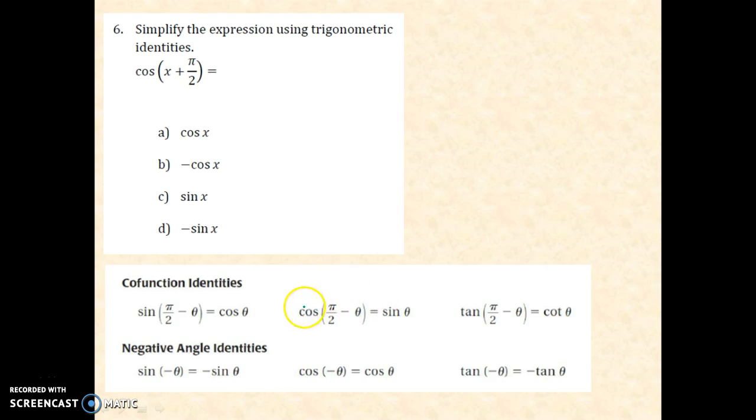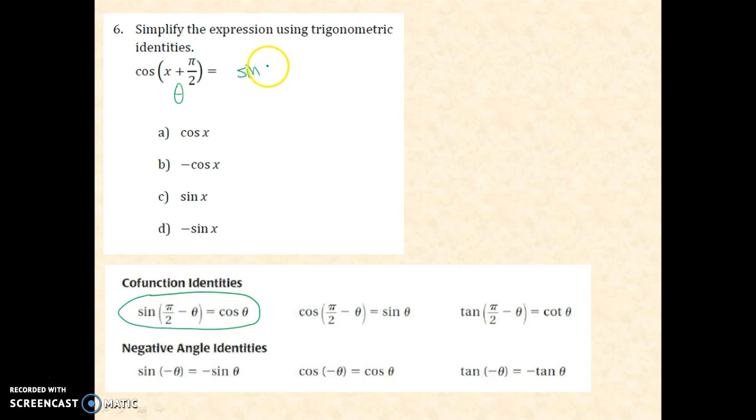You could try this one. This one looks sort of like that one. But I'm going to use this one. And I'm going to think of this right here, x plus pi over 2, as my theta. So I'm going to change this into sine of pi over 2 minus that.